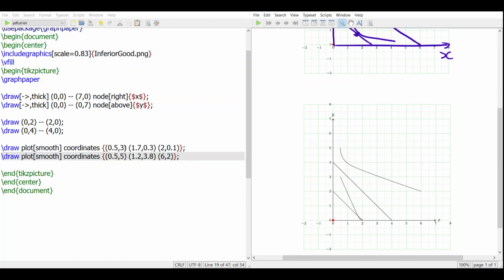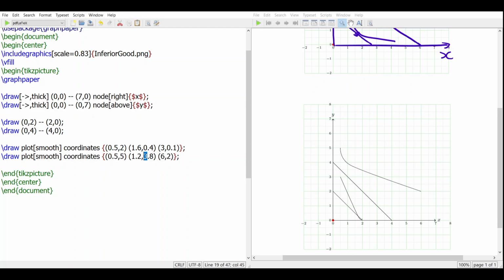Maybe we have 2 here, and we have some more like 3 here. Maybe we reduce a little bit, 0.6 and 0.4, and for this one we have 1.2, and no, it should be 2.8 because they add up. Okay, and we will have like, yeah, let's compile it and see what kind of curve we are getting.